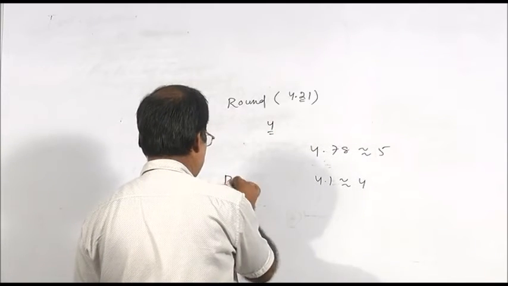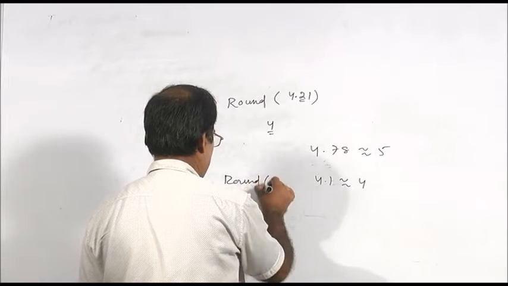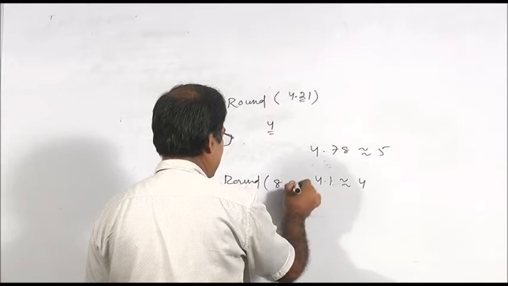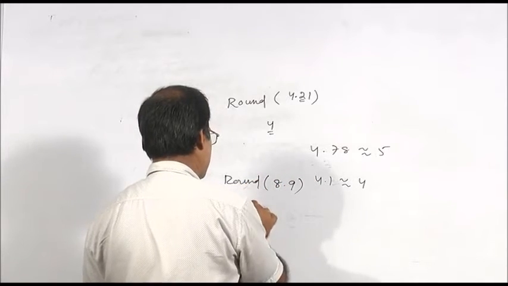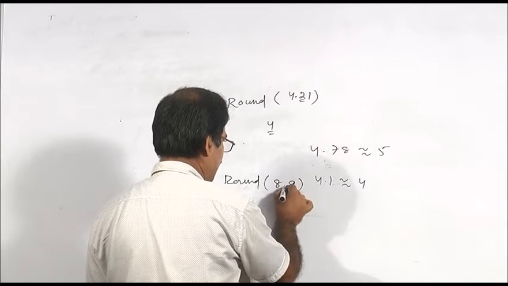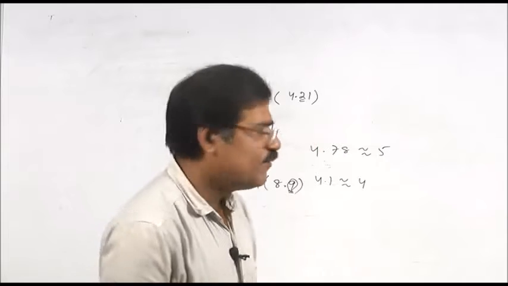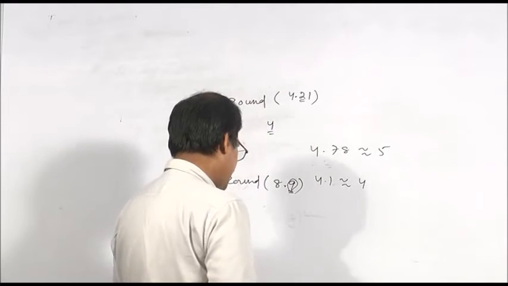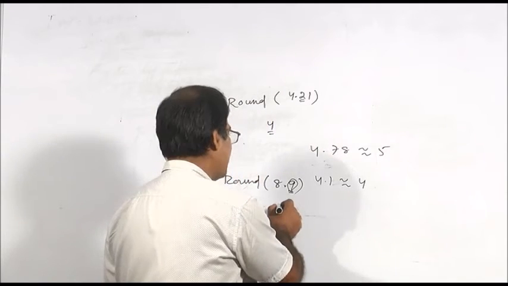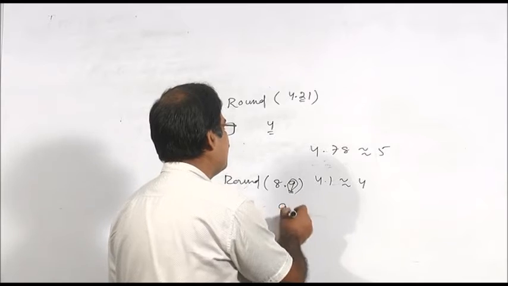If I write round(8.9), after the decimal point the value is 9, which is greater than 5, so 1 will be added to 8, and the next number 9 will be displayed.